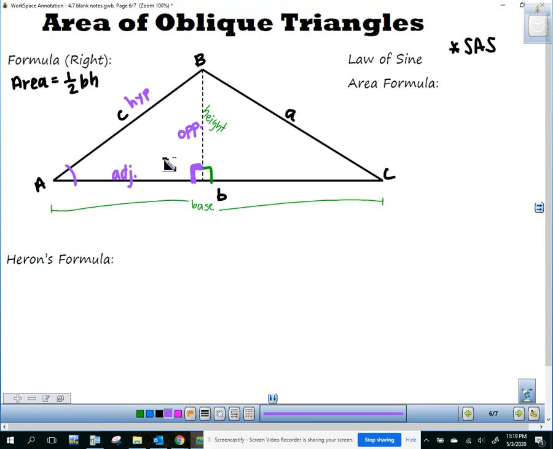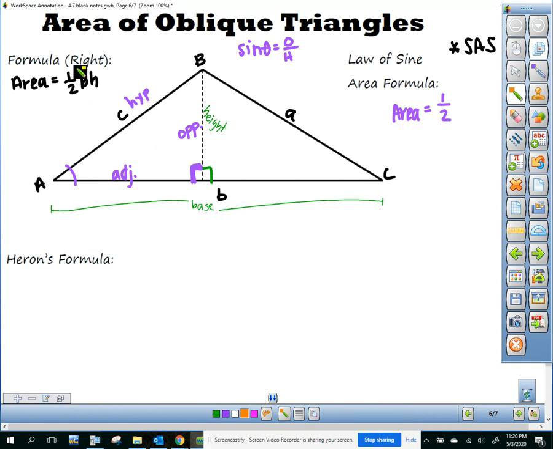Now, in right triangle trig, you remember that sine of an angle is opposite over hypotenuse. So we can write that the area is 1/2, and then instead of base, I'm going to do some highlighting here so y'all follow this.